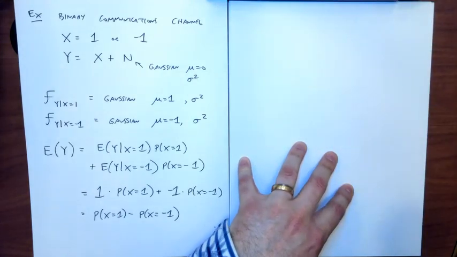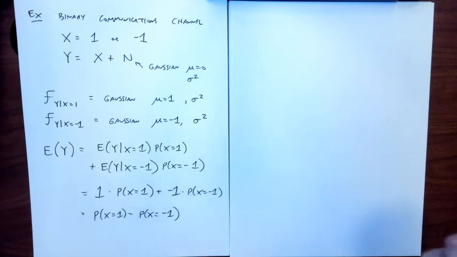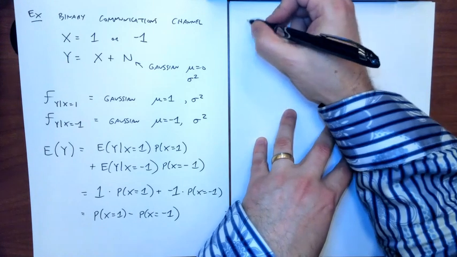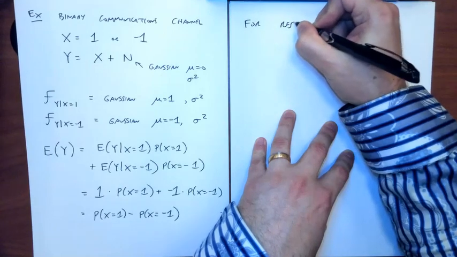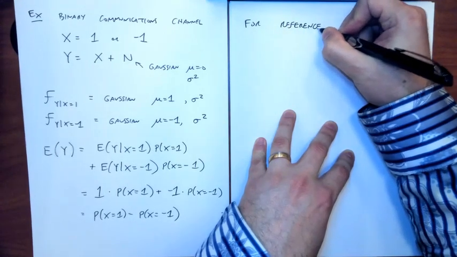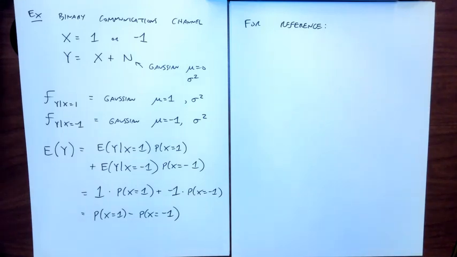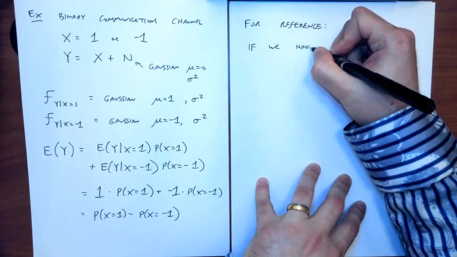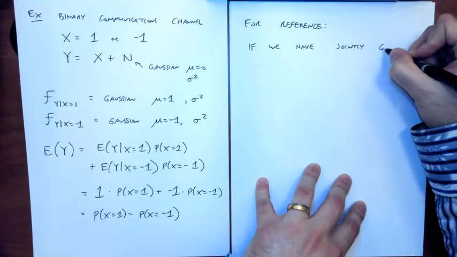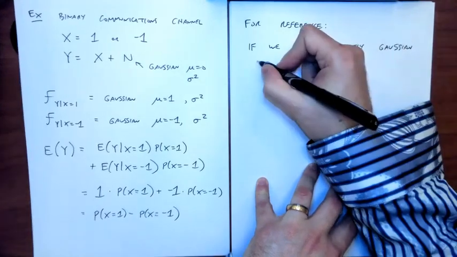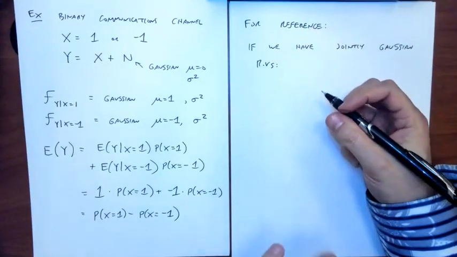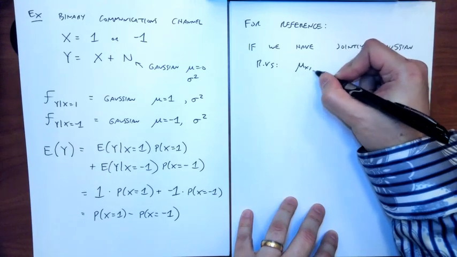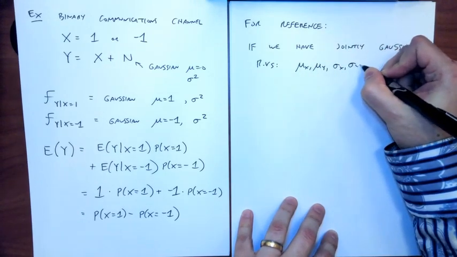I'm not really sure why I'm putting this down here right now. Well, I could put it down here. Just for reference, I think we talked last time about conditional Gaussians, right? If we have jointly Gaussian random variables in the most general sense, I have mu x, mu y, sigma x, sigma y, and rho.